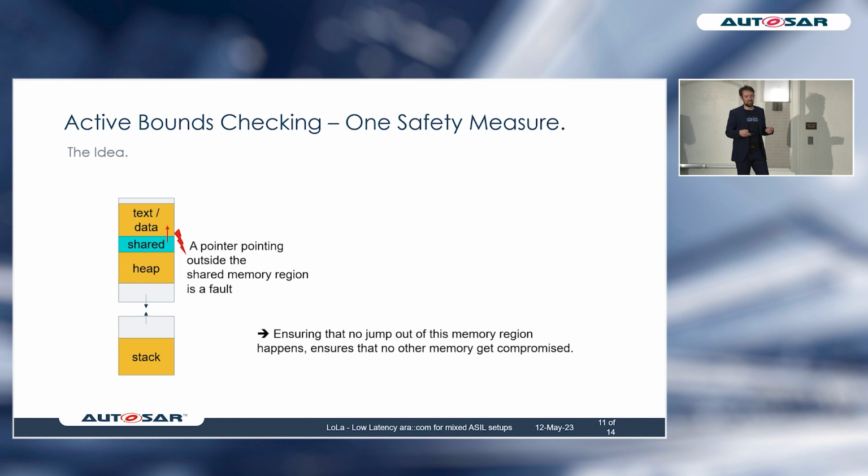And that's actually the biggest problem that could happen. So malicious data in the shared memory segments could be used to alter other data, and that could basically destroy freedom from interference.